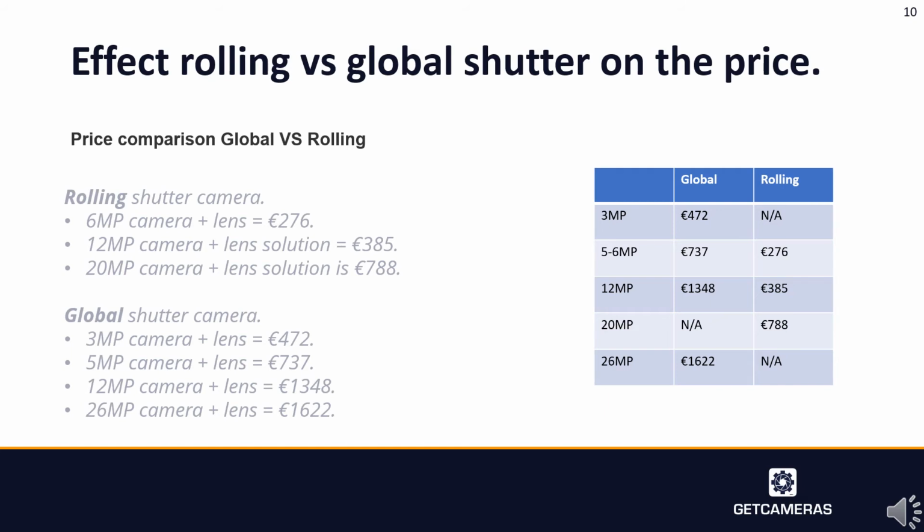As you can see in this little chart, there is a 12 megapixel resolution used, and the price is 1348 for global and 385 for rolling shutter. Not all models of sensor are present in both fashions, global and rolling. So we have to find the best matching solution for your application. But the first choice remains: do you have movement in your setup or not?